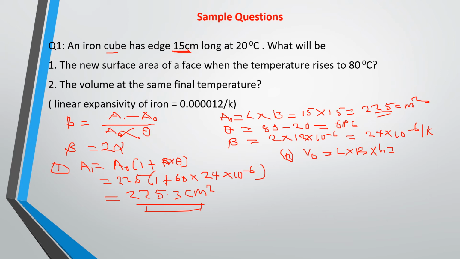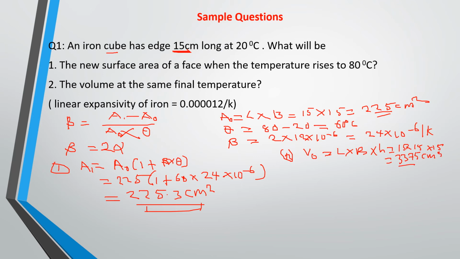So if you multiply 15 times 15 times 15, work that out, you are going to have 3375 centimeters cubed.